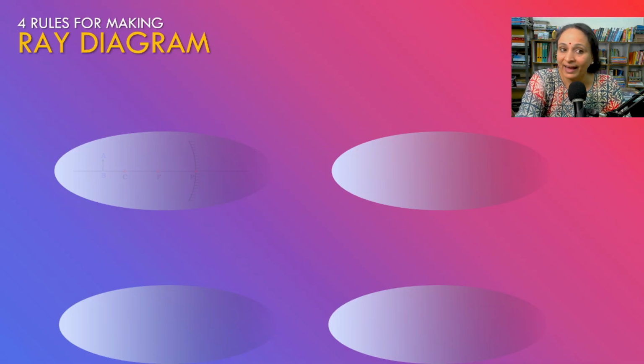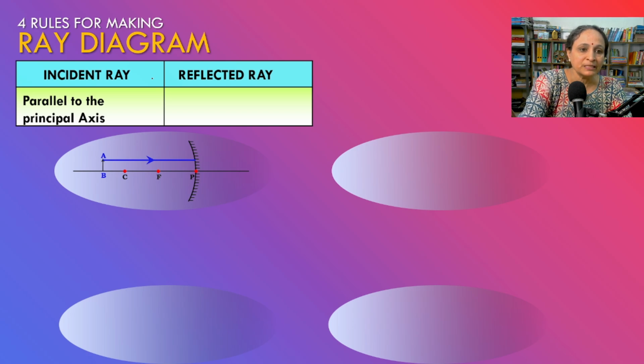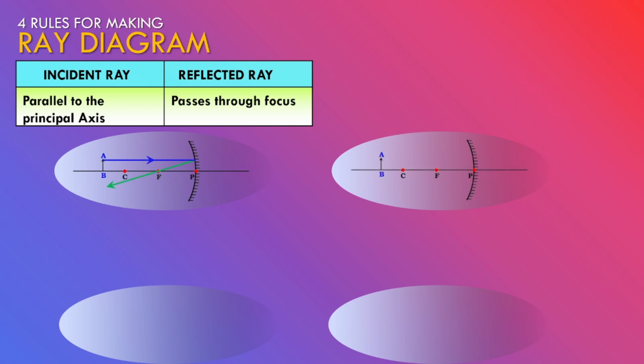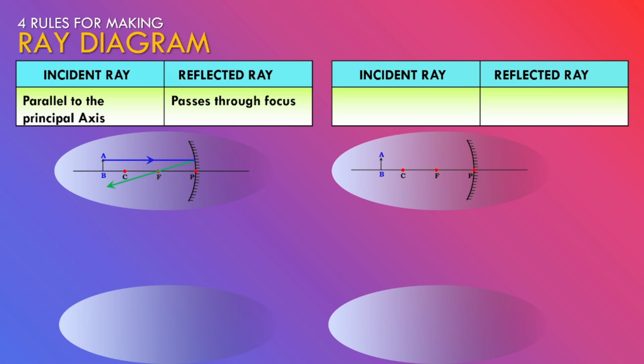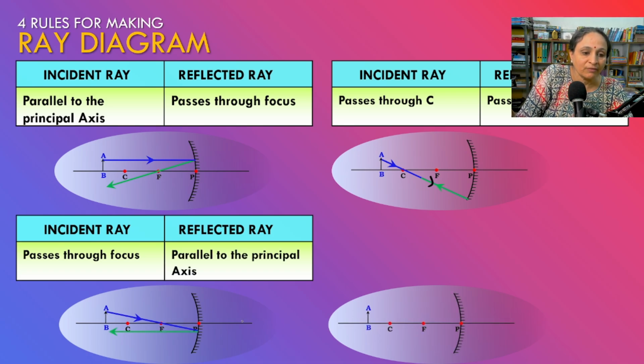Okay, let's revise the 4 rules for making the ray diagram. The first is shown in the first figure: if the incident ray is parallel to the principal axis, after reflection it should pass through the focus. Second, if the incident ray passes through the center of curvature, it should return along the same path. Jis raaste jayega us raaste wapas. Third, if the ray passes through the focus, after reflection the reflected ray becomes parallel to the principal axis.